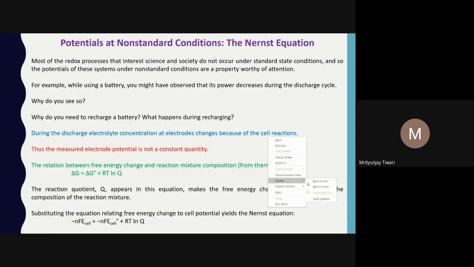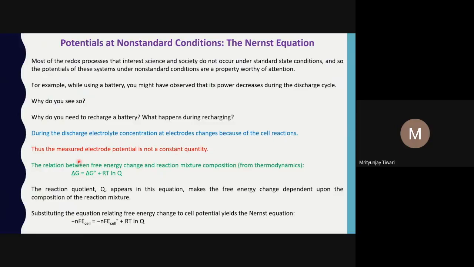Although we try to keep the electrolyte concentration constant by adding electrolytes from the salt bridges, this does not compensate for all the losses. Adding salt bridges does increase the efficiency of these cells. Anyway, during discharge, the electrolyte concentration at the electrodes changes because of the cell reactions.